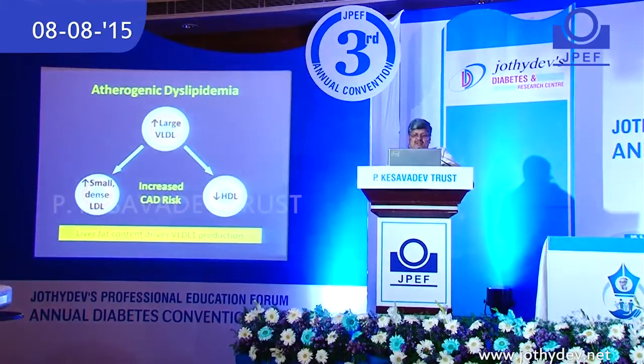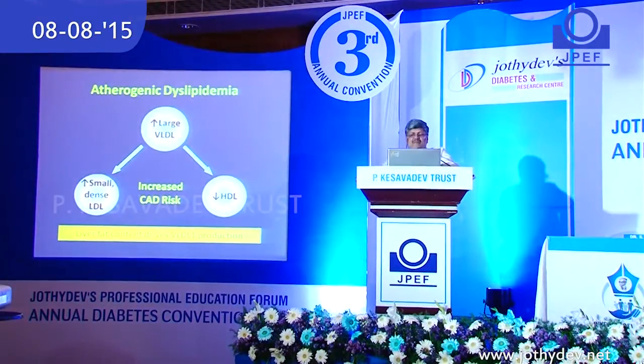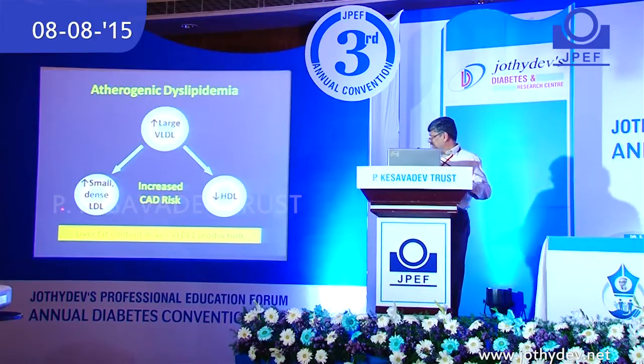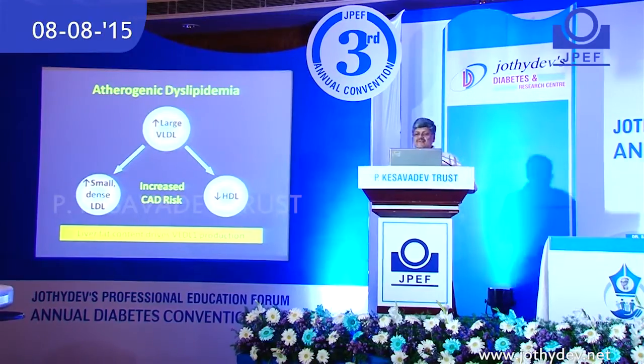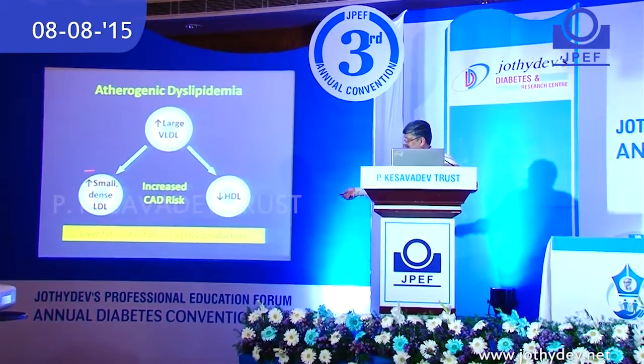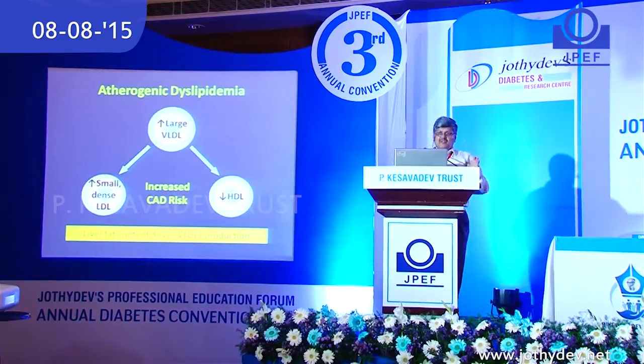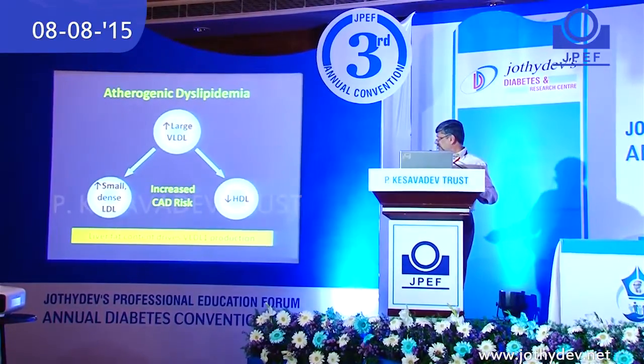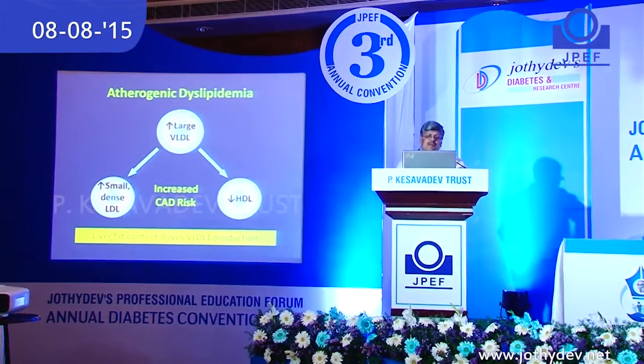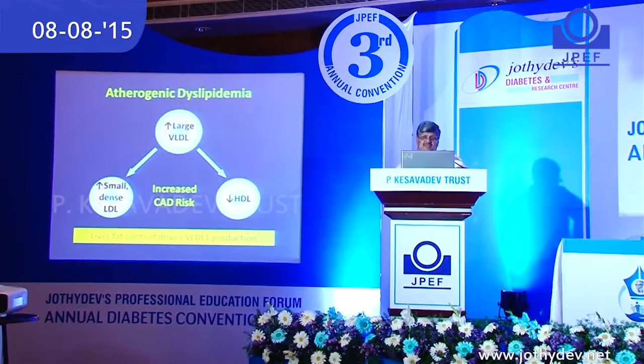Now we talk of cardiovascular disease. We are familiar with atherogenic dyslipidemia. Liver fat content is very closely linked to atherogenic dyslipidemia. That is what we need to understand. For example, as we just saw a couple of minutes ago, liver fat content drives VLDL1 production, and it is this VLDL1 production, or large VLDL, which results in the small dense LDL, which we have heard quite often, and the decreased HDL, which we also have heard quite often, both of which are well-known cardiovascular risk markers.